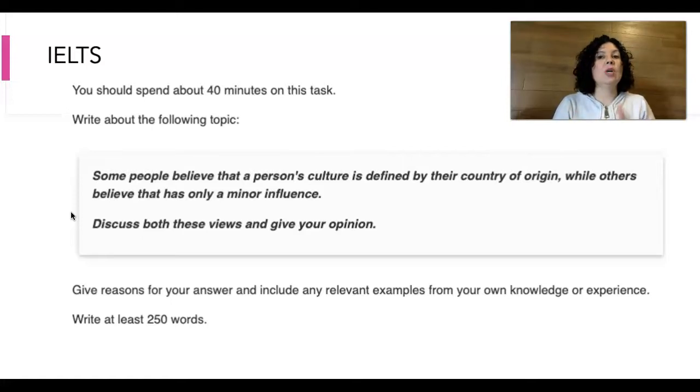If the candidate only talks about one part, like the person's culture is defined only by their country of origin, the essay is going to be incomplete, okay? It says discuss both views and give your opinion. Make sure, if you are preparing your students for IELTS, that you cover every part of the question. These are our examples. Now, let me go back.